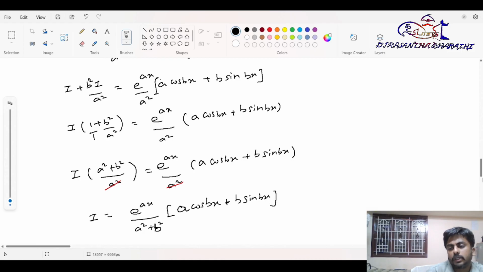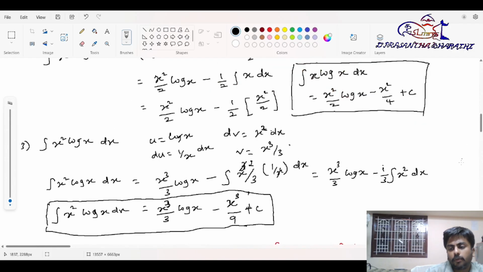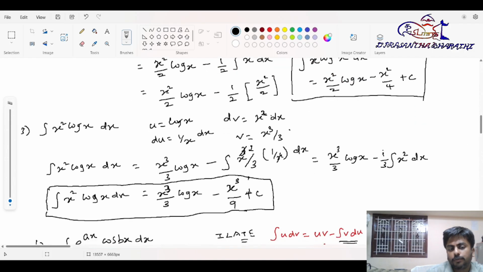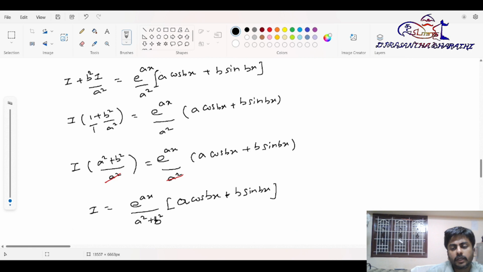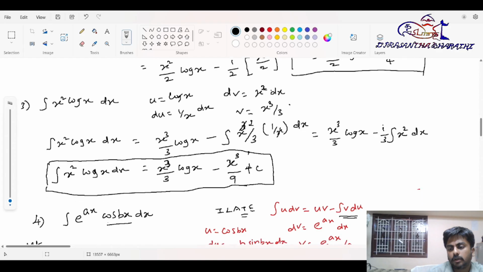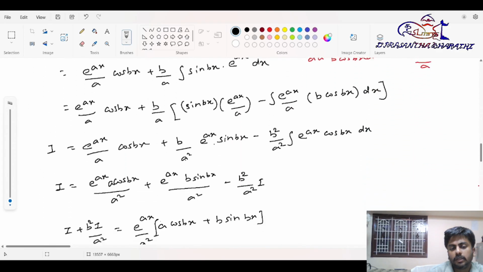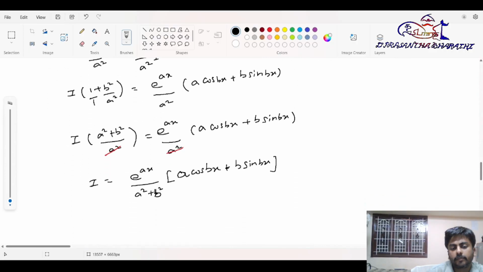So what is this I actually? I equal to the integral of e power ax cos bx. So that is I. So substitute it there.